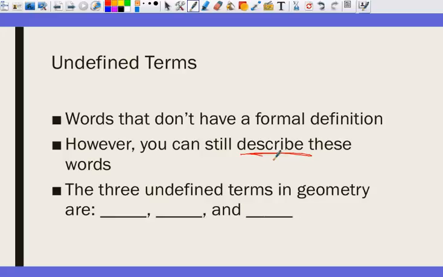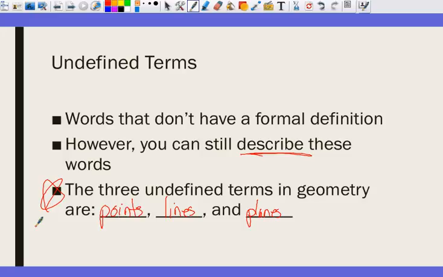You're going to have 3 examples. There are 3 undefined terms in geometry. They are, can anyone guess what they are? Points, lines, and planes. That's the most important note there.